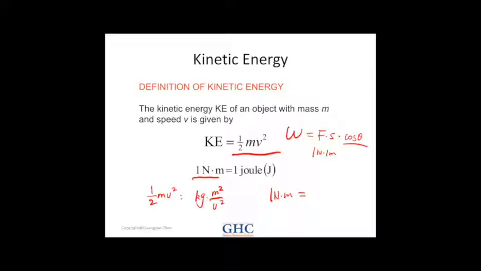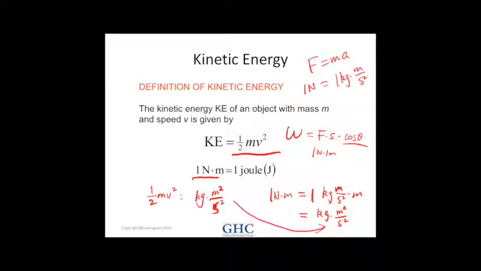From what we learned, force equals ma, so 1 Newton equals 1 kilogram meter per second squared. Times meter, that gives you kilogram meter squared per second squared. The unit for kinetic energy 1/2 mv squared is also kilogram meter squared per second squared, and they are exactly the same. So work and kinetic energy have the same unit.